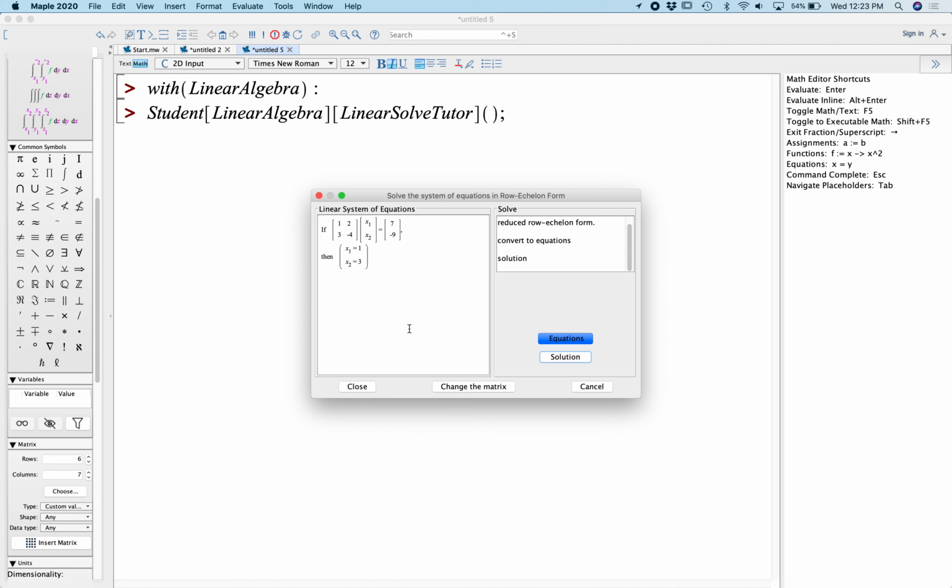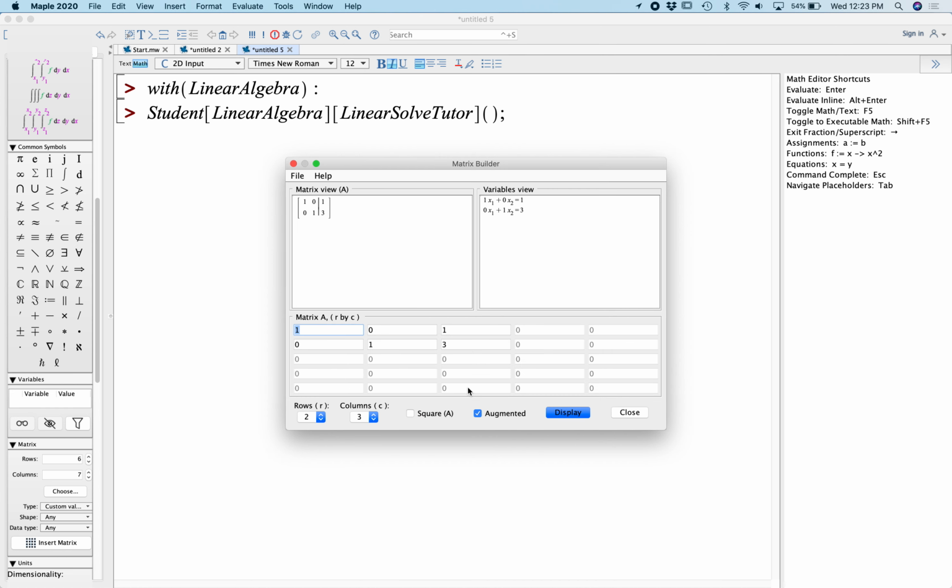Now for the next system, we'll just change the matrix and thus the system. For the second problem, we have 2x1 minus x2 plus 3x3 equal to 11. Since we're solving for three variables, we make this matrix a 3 by 4 system.